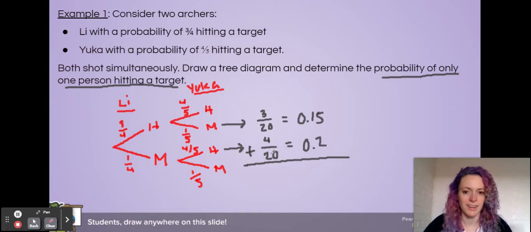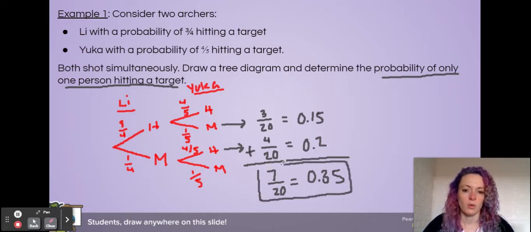So that's why I kept it as the 4/20, so I could easily add this up to be 7/20 or 0.35. So there's a 7/20 chance or a 0.35 chance that only one will hit the target.